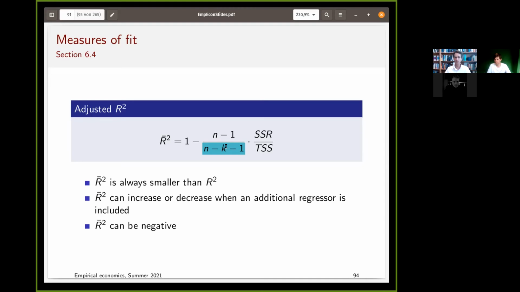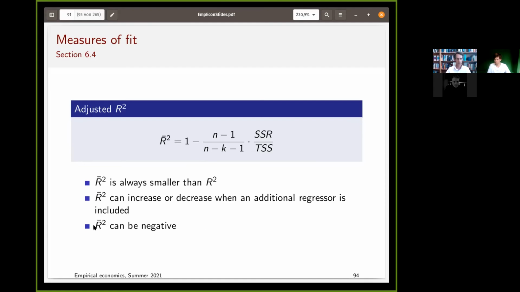But on the other hand, if we increase the number of regressors, then the goodness of fit in terms of the sum of squared residuals will improve, and the sum of the squared residuals will get smaller. So this second fraction gets smaller, this fraction gets larger. And then it depends which of these two effects is stronger. Therefore, the adjusted R squared can either increase or decrease when we add one regressor to our model.